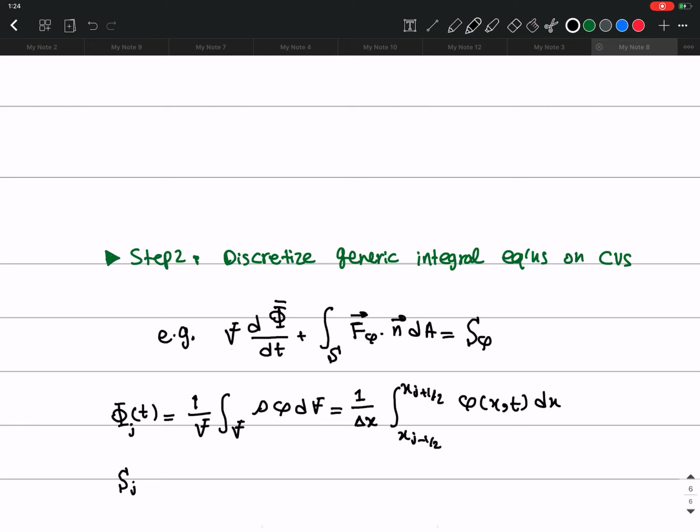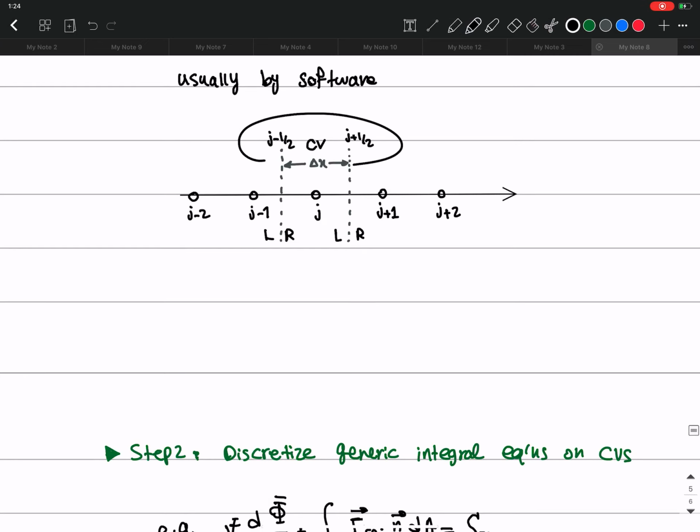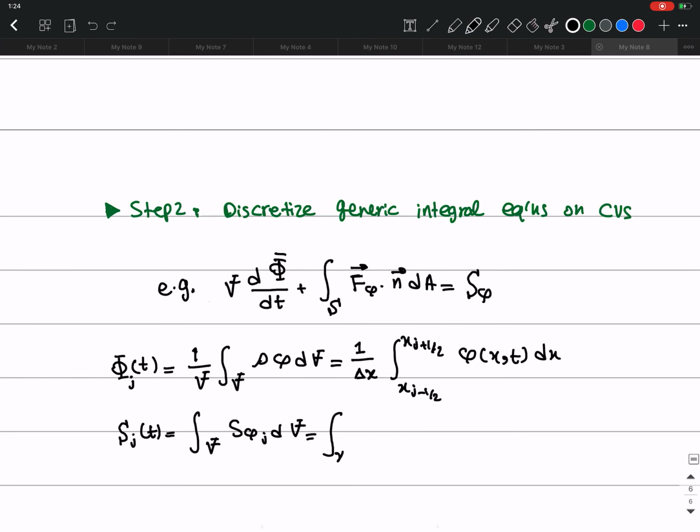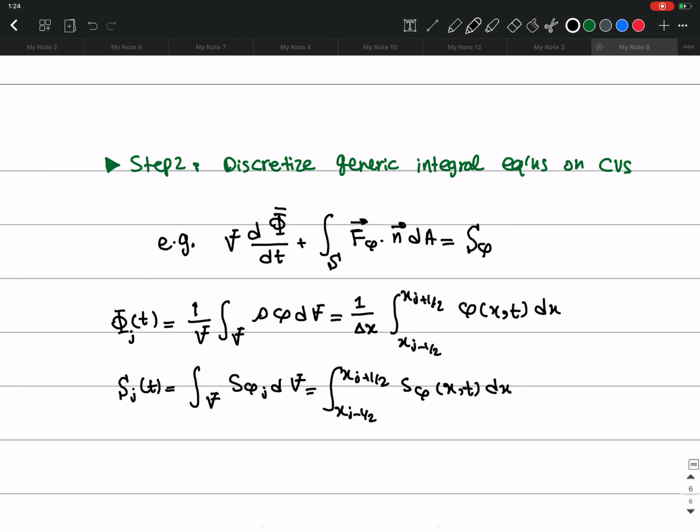So S j at t is defined as the integral over volume of S phi dV, which is going to be the integral from x j minus 1/2 to x j plus 1/2 of S phi x and t dx. Okay. So these are volume integrals.